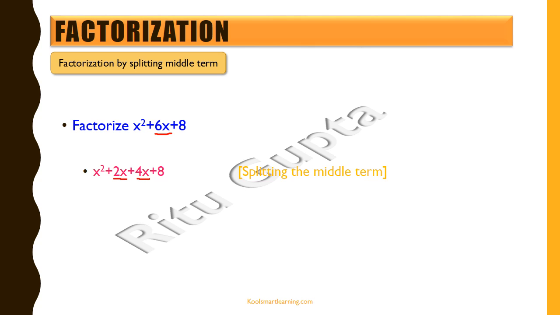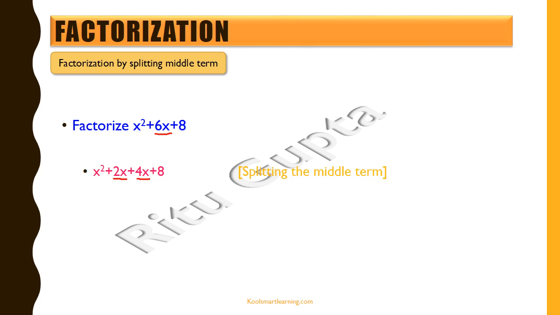You can see that 2 plus 4, that is b1 plus b2, is equal to b, which is 6. So 2 plus 4 is equal to 6, and 2 multiplied by 4 is equal to 8, which is a multiplied by c, where a is 1 and c is 8. So 2 into 4 is equal to 8.